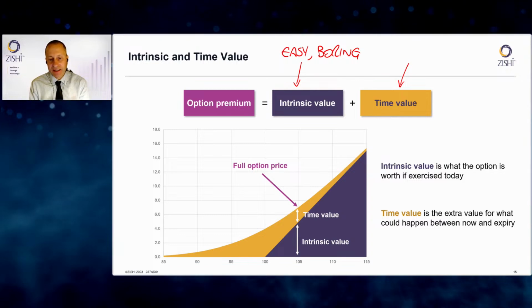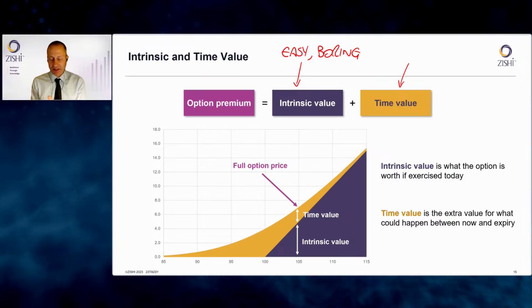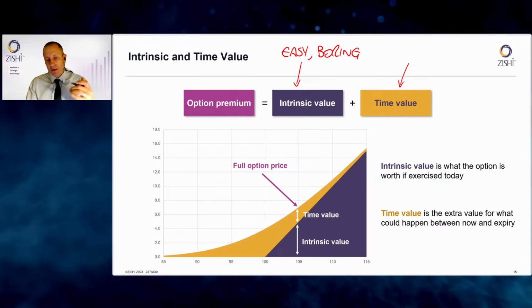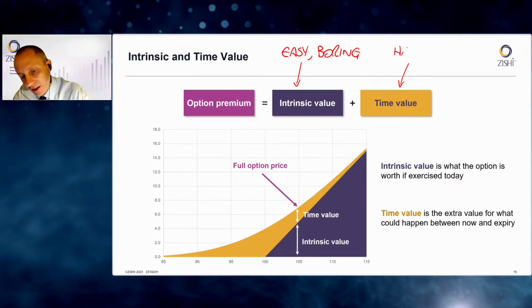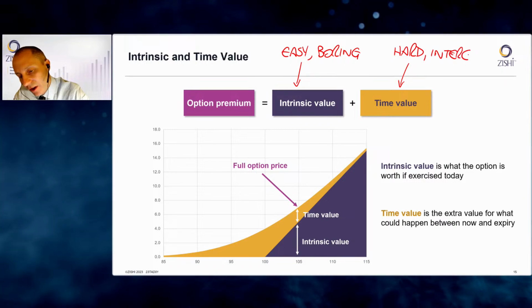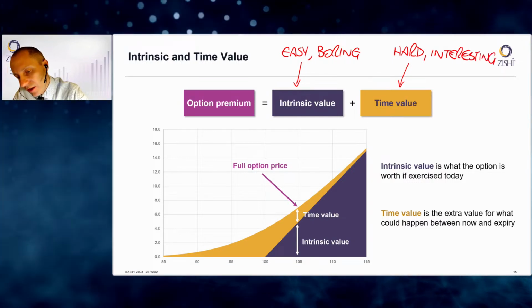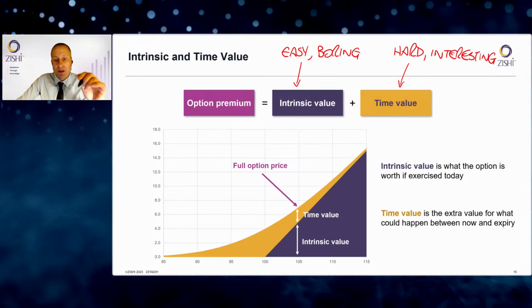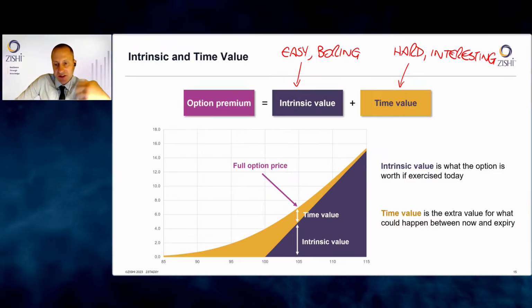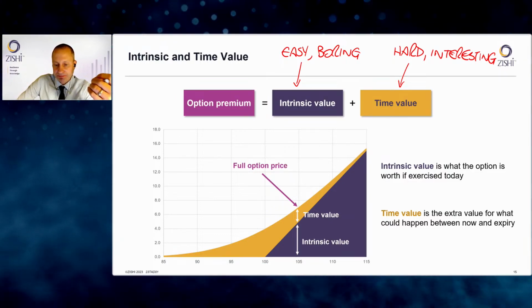Mathematically, there's nothing really interesting going on here. It's just the difference between the current stock price and the strike price. Time value is hard mathematically and very interesting. So when we come on to session 5, when we look at pricing in a bit more detail, it will be the calculation of time value, which is the interesting bit.